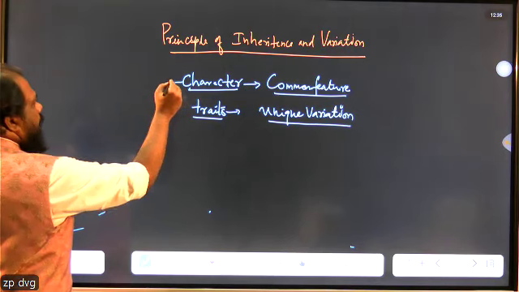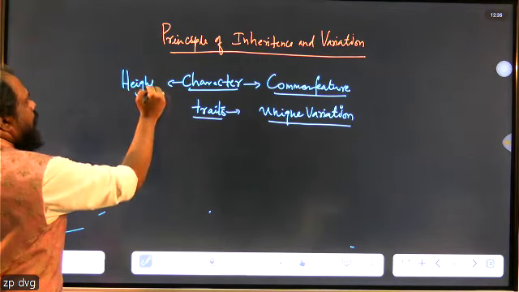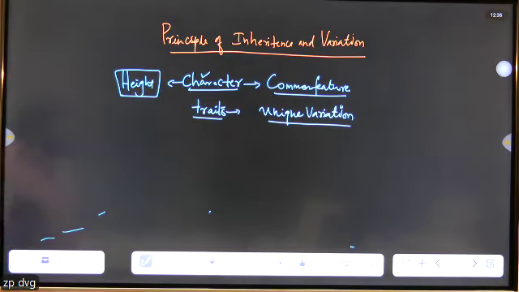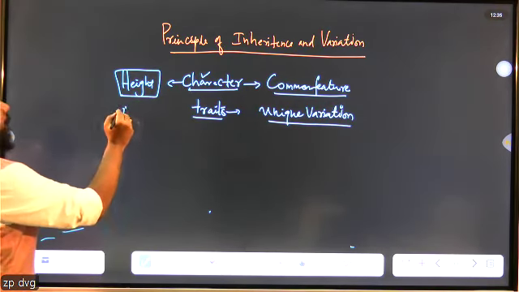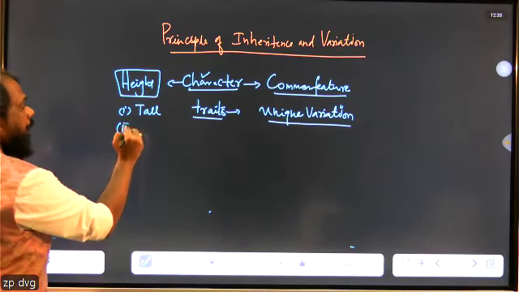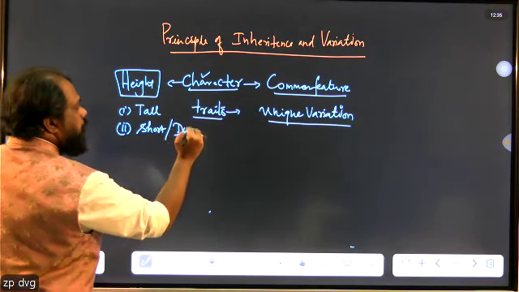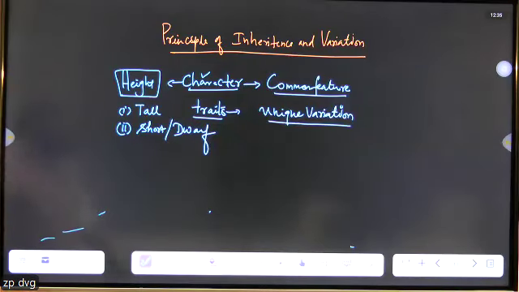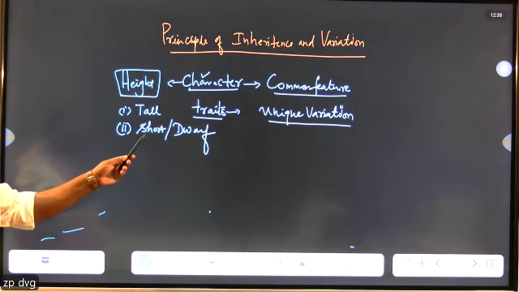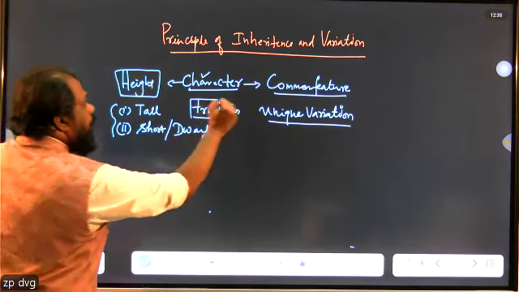For example, when I use the word height of a plant, the word height is a character. But when I specifically say this particular plant is tall, or this particular plant is short, the other name of short is dwarf, I am actually talking about the trait of the plant.